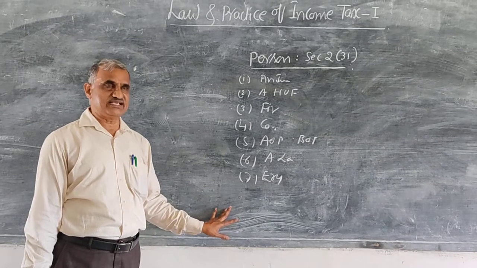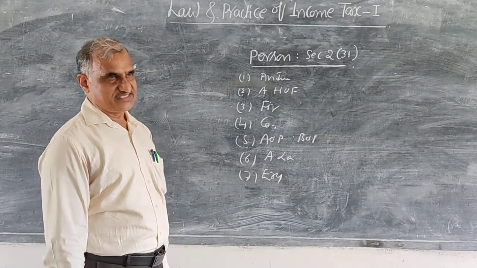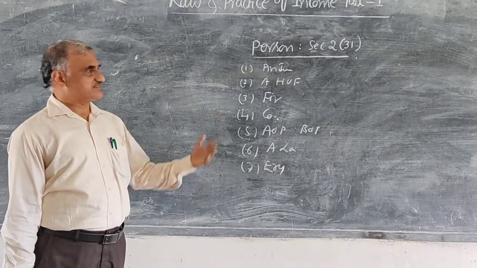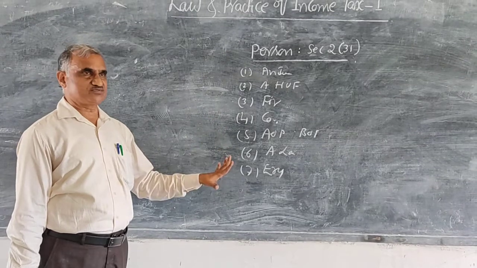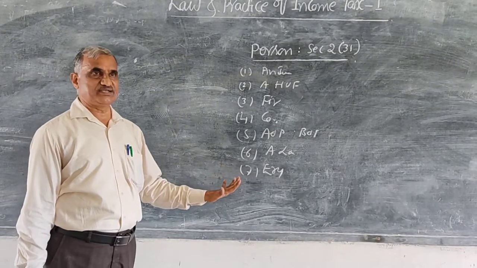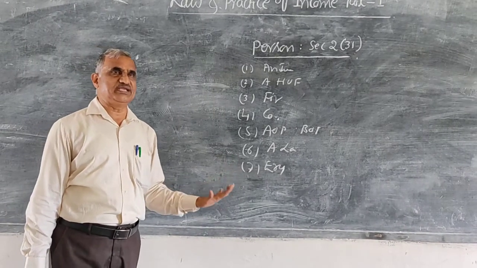That's why some say that 2 things are certain in life. One is paying taxes, second one is death. So this definition clearly shows that nobody is exempted from paying income tax and every entity has to pay income tax.